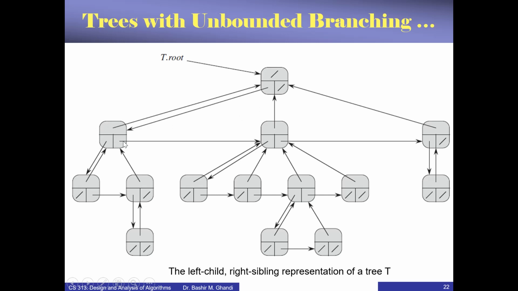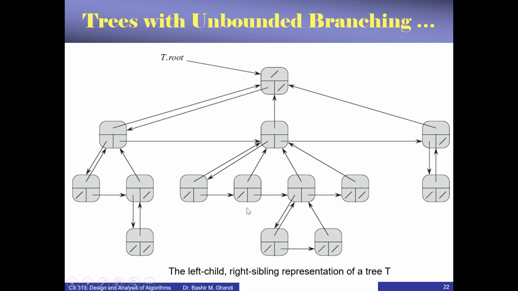Okay, so this is the idea. Each node will have three references: reference to the parent, reference to the left child, and reference to the right sibling. So the same thing here, and so on.